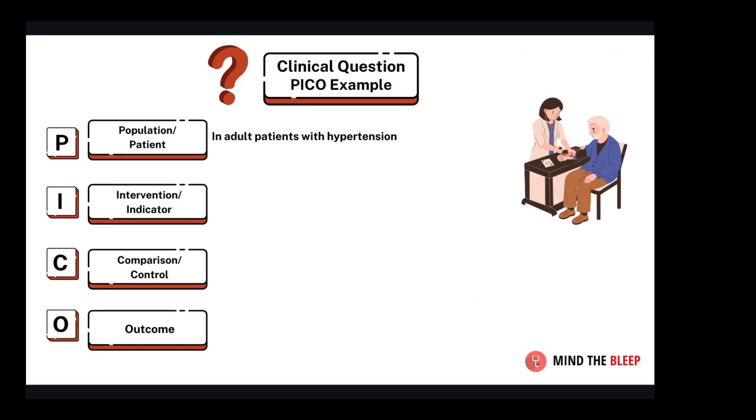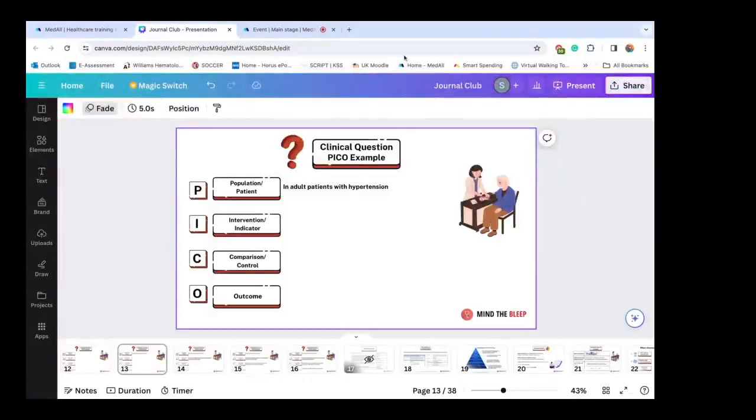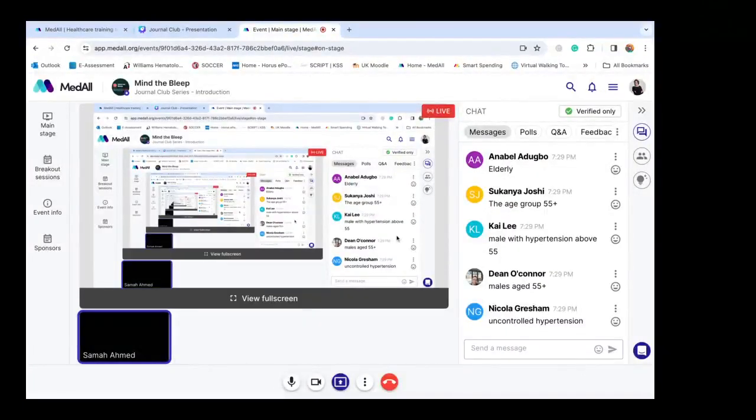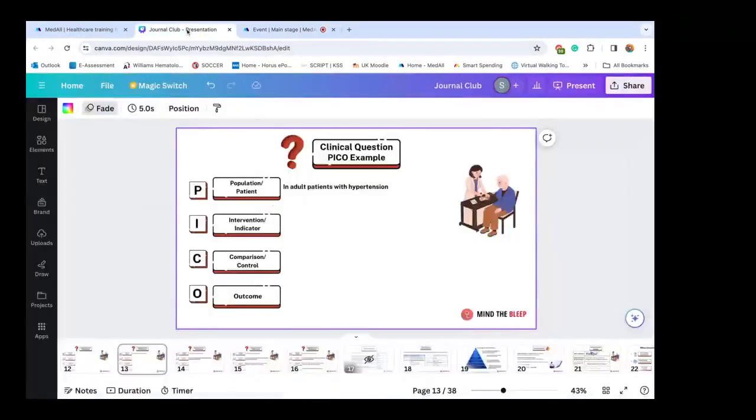So for I is intervention. What intervention are we specifically trying to implement here? Yes, uncontrolled hypertension. Very good. You have to be a little bit more specific. In this case, you want to see if you should try a combination therapy of a calcium channel blocker, which is the amlodipine, with a beta blocker.